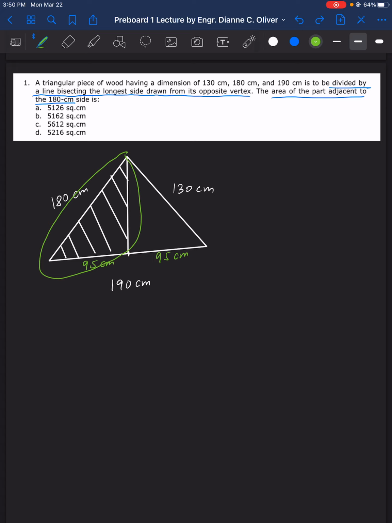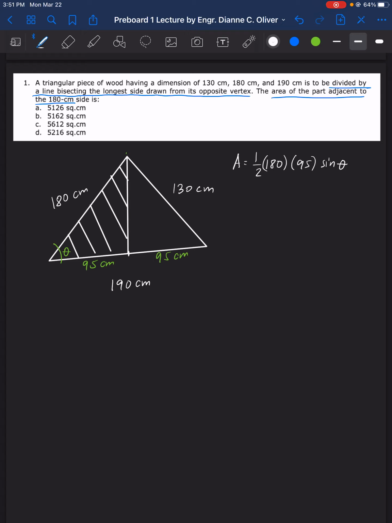So we put here an angle theta. When we are looking for the area, the area is equal to 1/2 of the 180 centimeters times the 95 centimeters times sine of theta. So we are going to look for the value of theta.